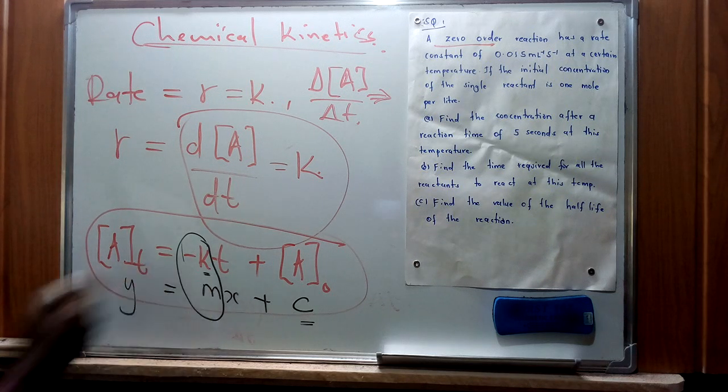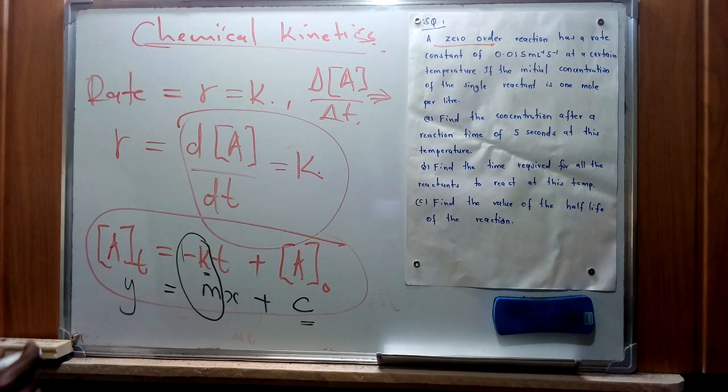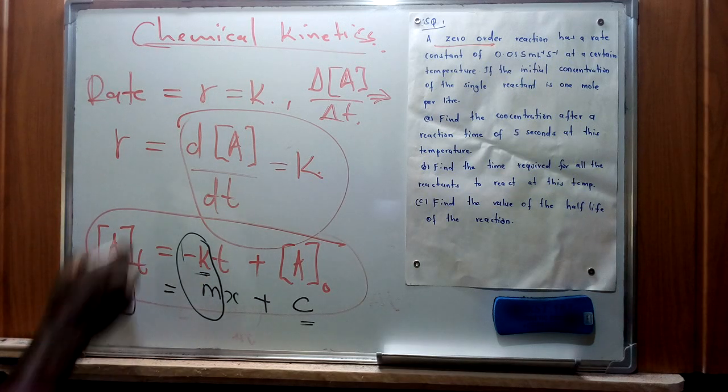So we're going to have a slope with a negative gradient from this equation.